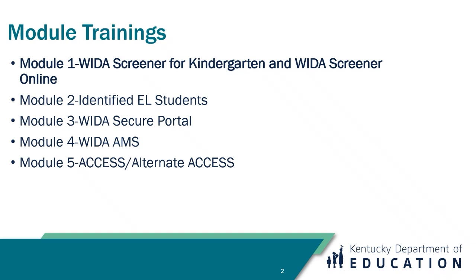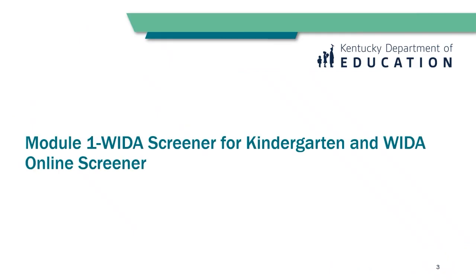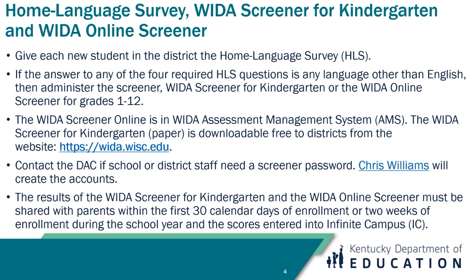The third module is WIDA Secure Portal. The fourth module is WIDA AMS, the WIDA Assessment Management System. And module 5 is Access and Alternate Access. So we're going to start our first module, number 1, with the WIDA Screener for Kindergarten and WIDA Online Screener.